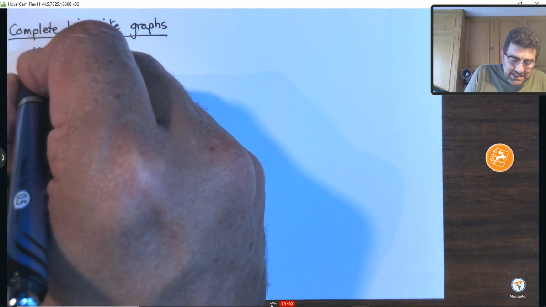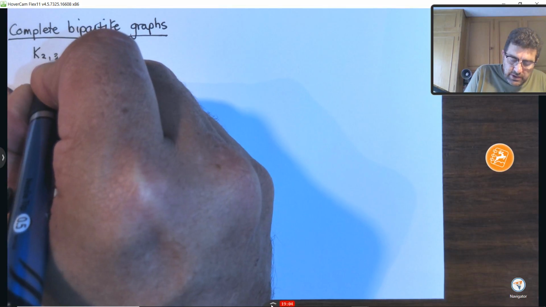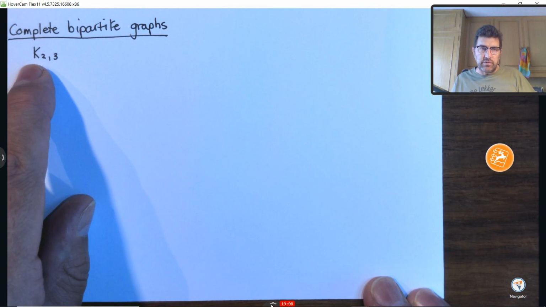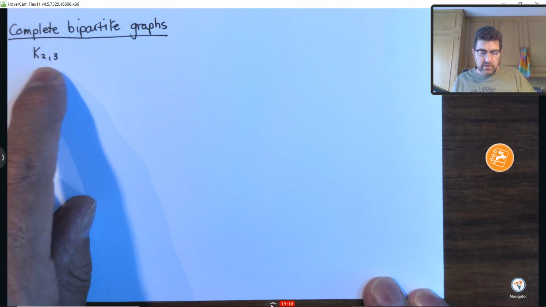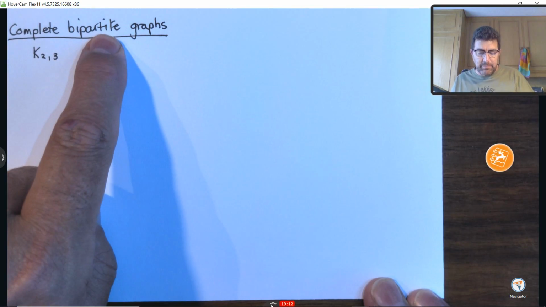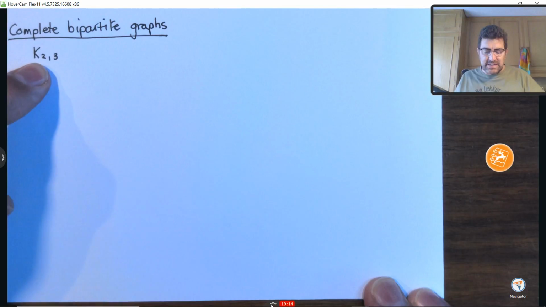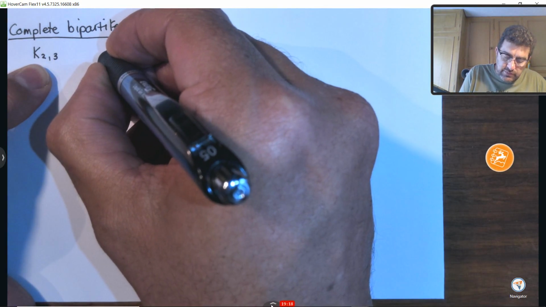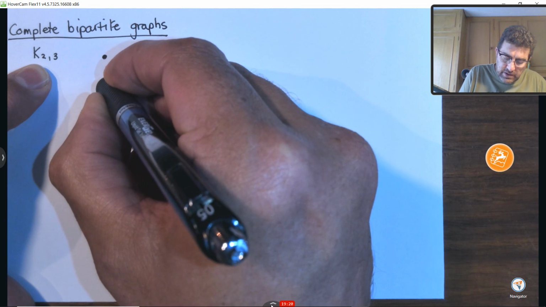So what does K2,3 look like? Now remember, the 2 and the 3 is the notation we use for a complete bipartite graph. It means set A has cardinality 2. So there's two vertices there.